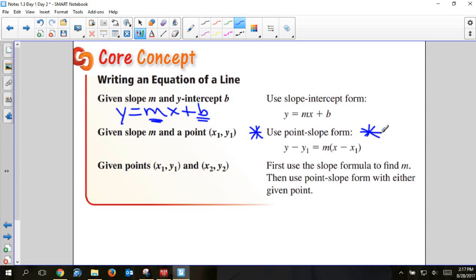The third thing up there says given points x1, y1, and x2, y2, we can find the slope. Do you remember how to find the slope if you're given two ordered pairs? There's a formula. You did this table.